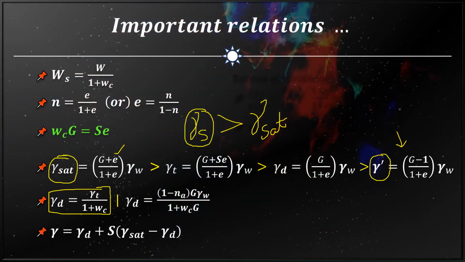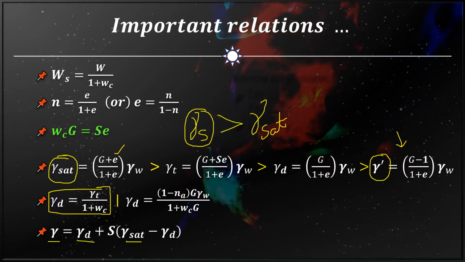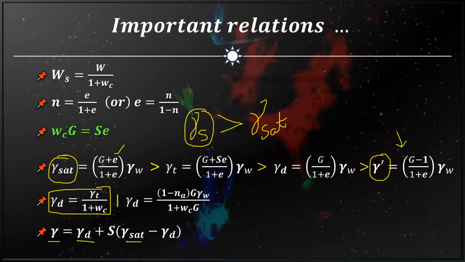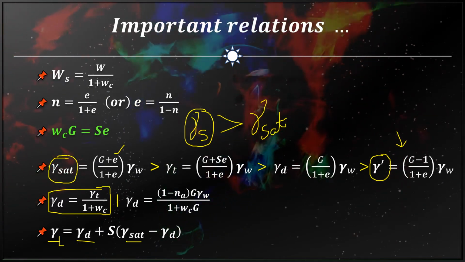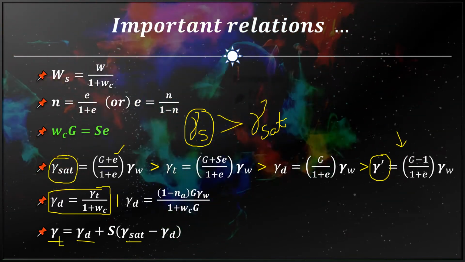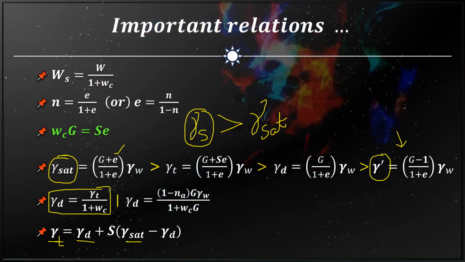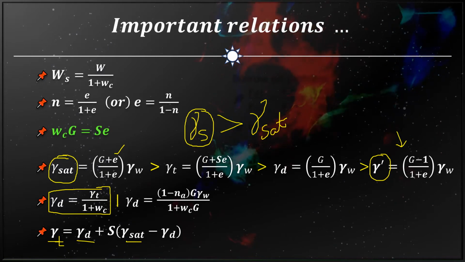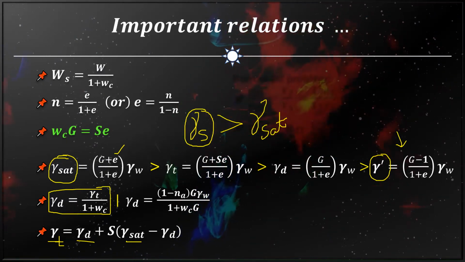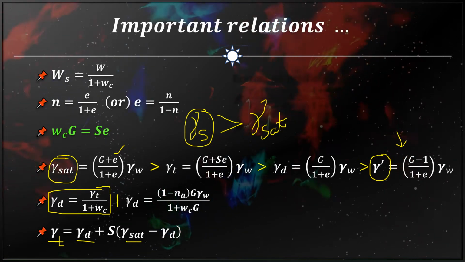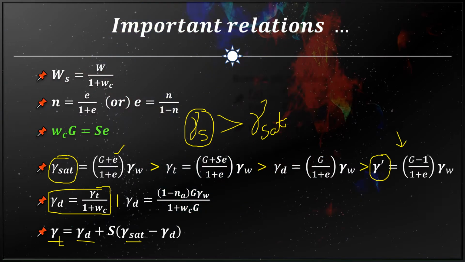And there is another relation like this, bulk unit weight, dry unit weight, saturated unit weight. So all three together, how are they related? Gamma T, we can say bulk unit weight, equals gamma D plus S into (gamma sat minus gamma D). So this is one relation regarding all three terms, bulk unit weight, dry unit weight, and saturated unit weight. So these are some important relations regarding unit weight and some properties of soil.